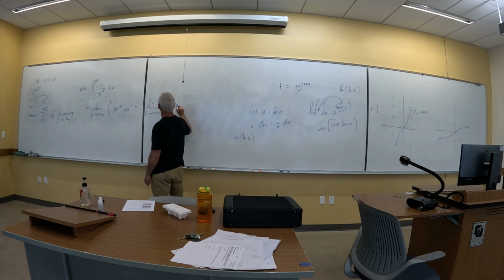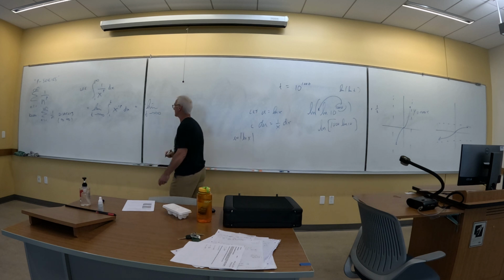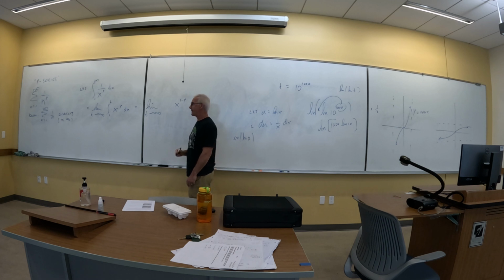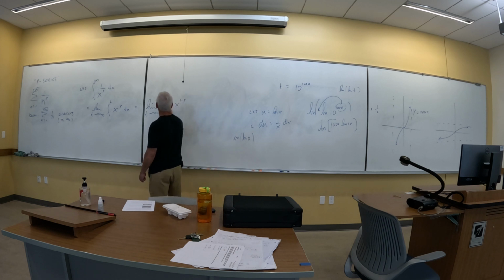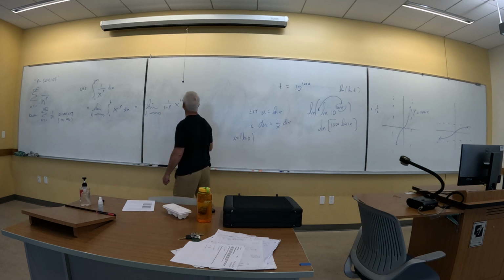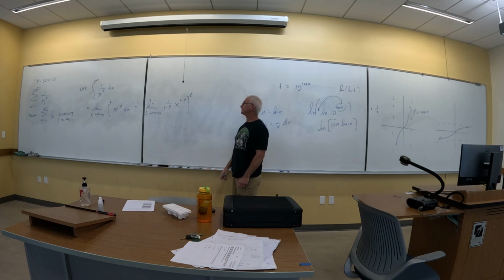Well, it's x to the -p plus 1, or 1 minus p if you want to write it that way. And then what goes in front? 1 over 1 minus p. So far, so good.